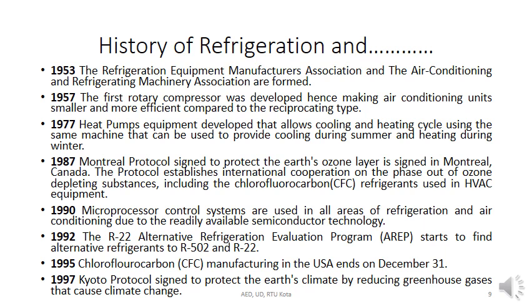So Kyoto Protocol is related with the protection of earth climate by reducing greenhouse gases that causes climate change, and Montreal Protocol is related with the protection of earth ozone layer. And on all these protocols, it was decided that with a gap of 15 to 20 years, some harmful refrigerants will be phased out and alternate refrigerants will be used.